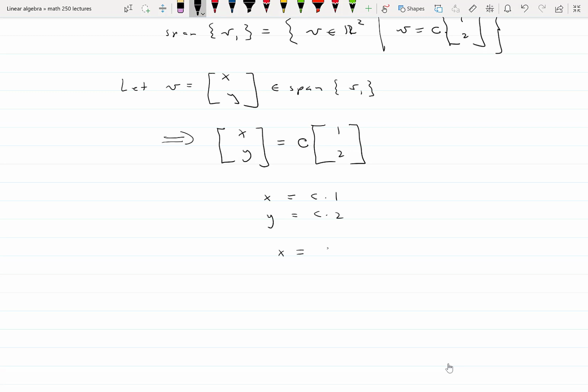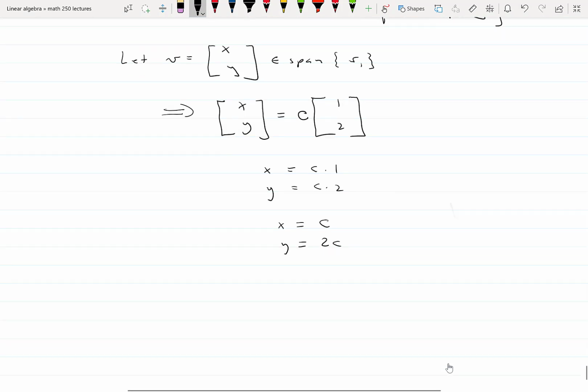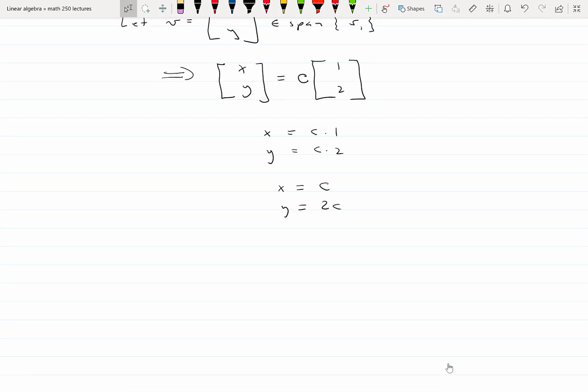That means X should equal C and Y should equal 2C, where C is any scalar. If you had Calc 3, these are just parametric equations. If you haven't had Calc 3, don't worry about it. Eliminate the C. If X equals C and Y equals 2C, that means Y equals 2X.